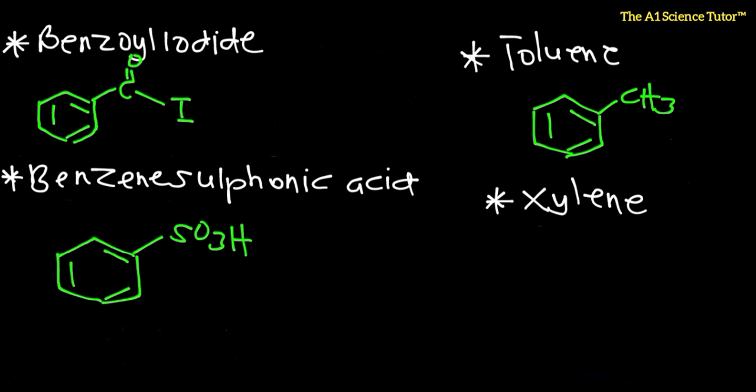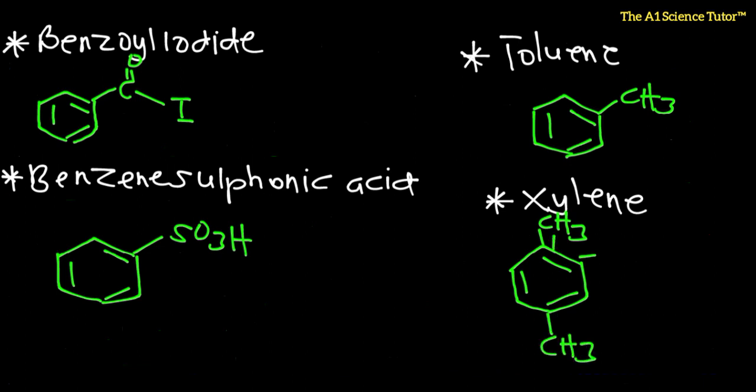How about xylene? What is going to be the structure for xylene? So xylene should have a para-methyl-toluene, or you could also have it as 1,4-dimethylbenzene. So this is going to be a CH3, and we also need to have another CH3 over here.